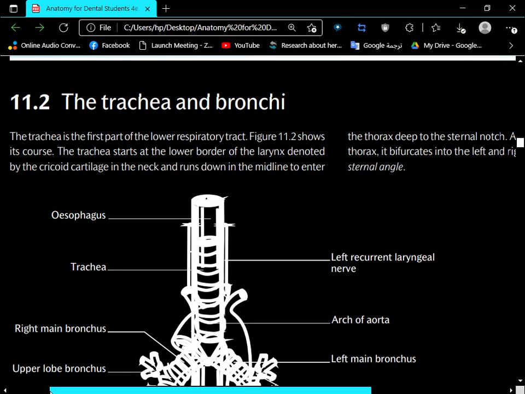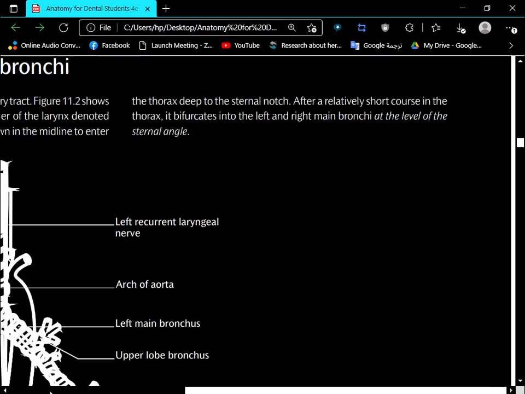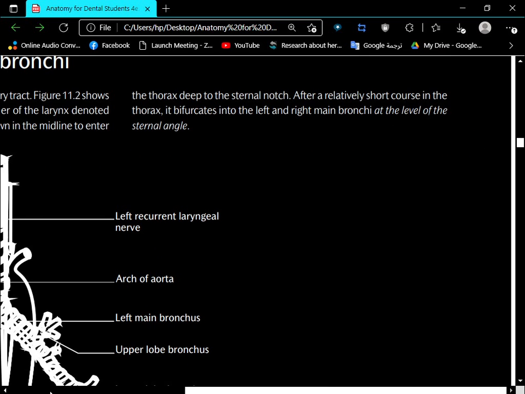The trachea starts at the lower border of the larynx, denoted by the cricoid cartilage in the neck, and runs down in the middle line to enter the thorax, deep to the sternal notch. After a relatively short course in the thorax, it bifurcates into left and right main bronchi at the level of the sternal angle.